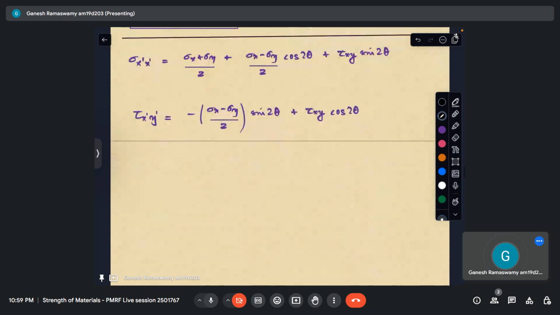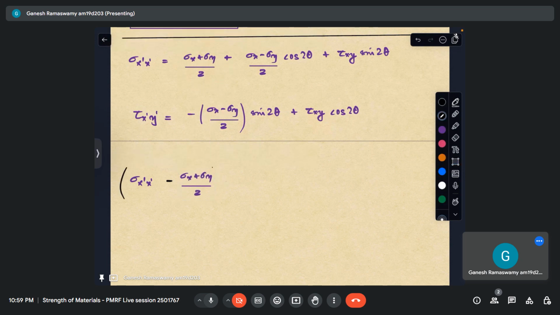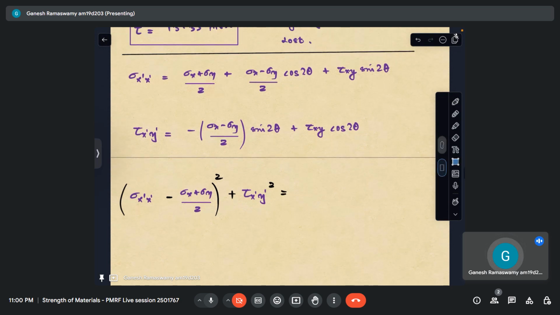So these are the stress transformation equations as we have them. What I'll do is move them around a bit. Let me square this plus this squared. So on the right side, what is left? These two quantities are left for the first equation, and for the second equation, these two quantities are left.